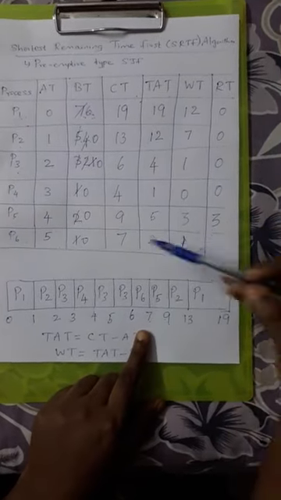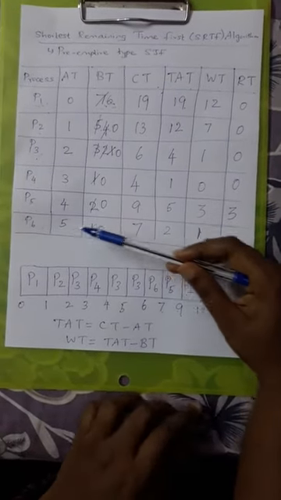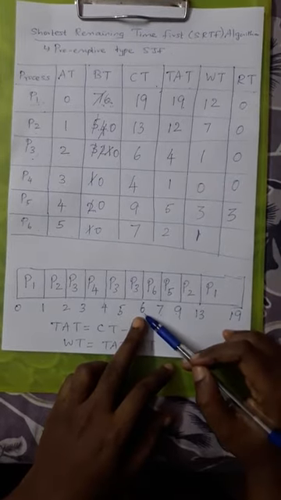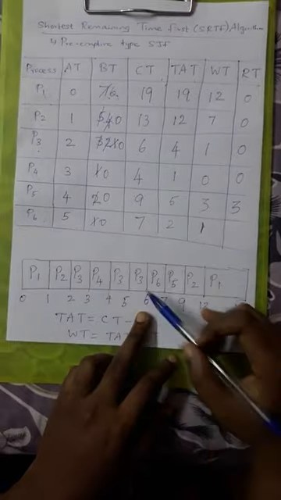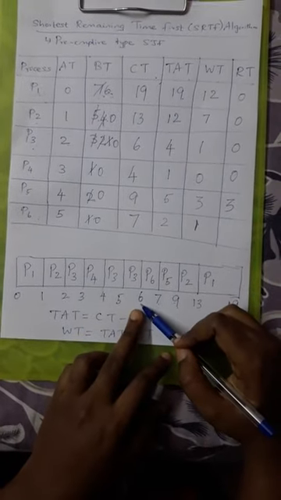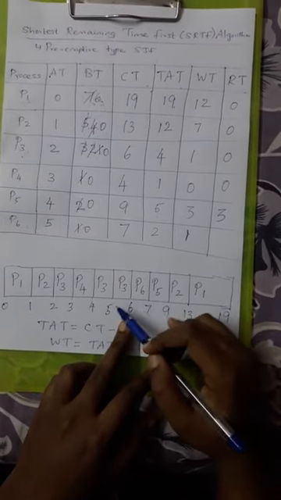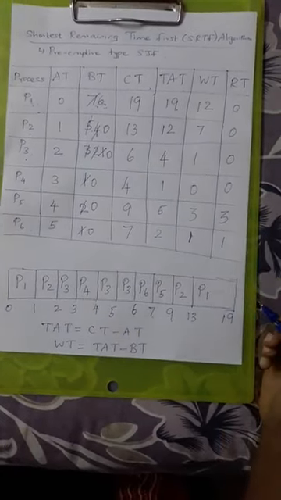Then process P6 arrived at the 5th millisecond, but it got its first response from the CPU at the 6th millisecond. From 5 to 6, this process has waited for its response. So we subtract 6 minus 5, and 1 millisecond is the response time for process P6.